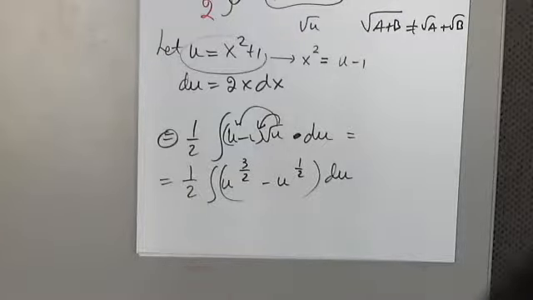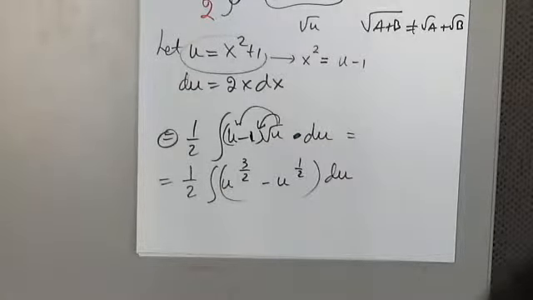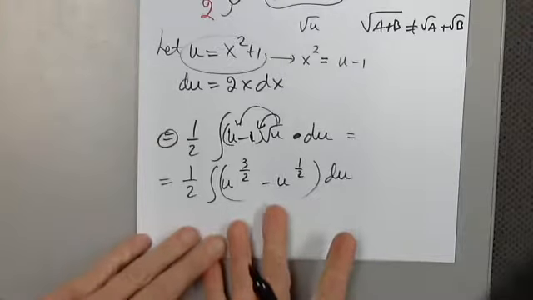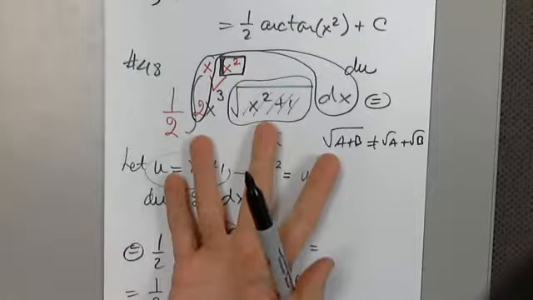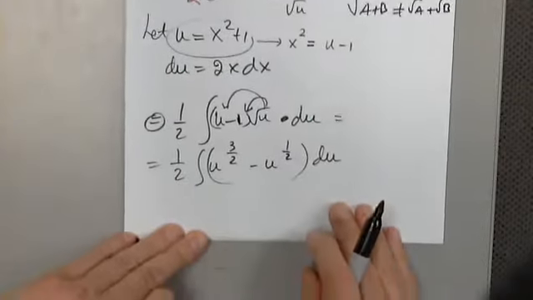Because the square root of u is u to 1/2, and I multiply it by u, copy the base, add the exponents. 1 plus 1/2 is 3/2. And this I can determine. This, no. I really don't know what to do with that.